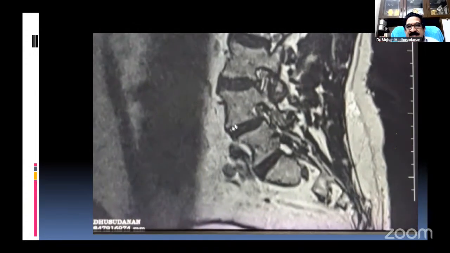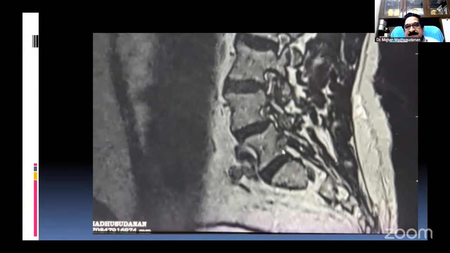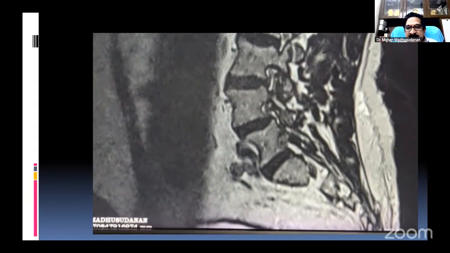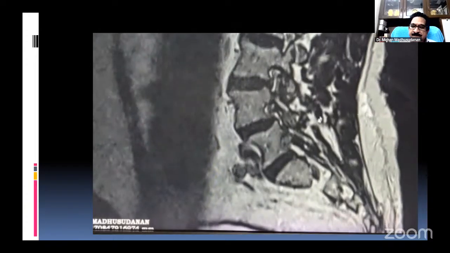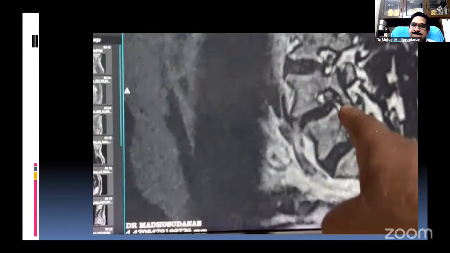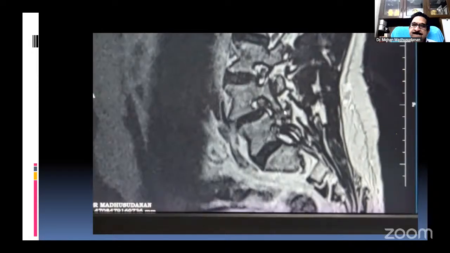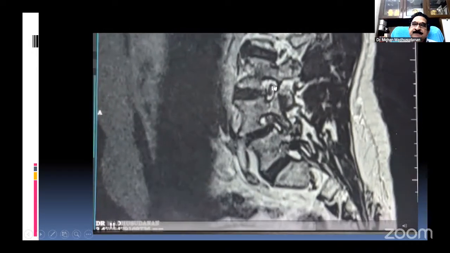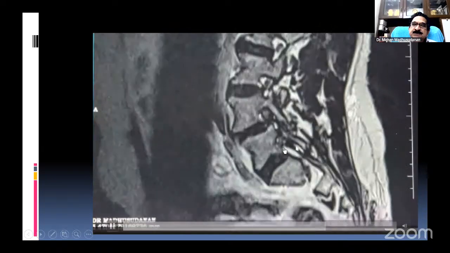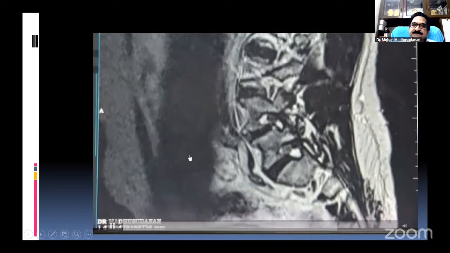That is on one side. The other side is also the same. The root is compromised. I will show the screenshot later on. The one above is normal, but you can see the fat above and below. These are two other compromised roots.